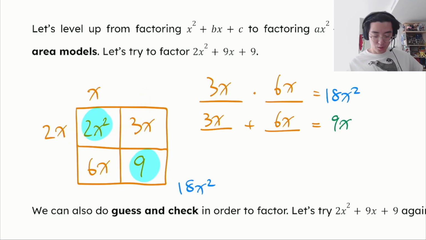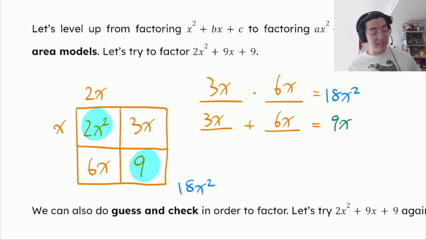We actually have to multiply this and that in order to get 3x. However, this isn't really possible. Of course, we can do a fraction, it's going to be 3 over 2. But frankly, that's too much work. We don't want to work with fractions too much. So what we can do here is actually swap those around.